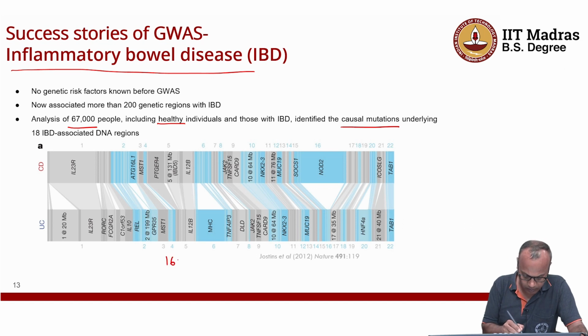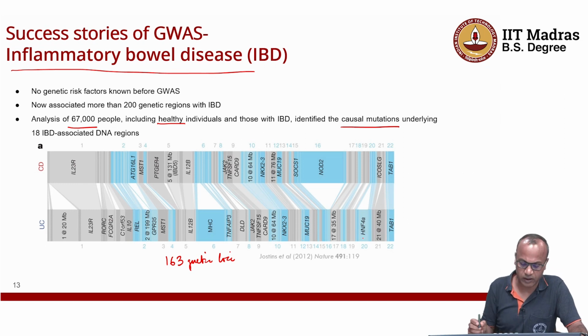Altogether 163 genetic loci were identified. These are the two forms of inflammatory bowel disease. This is called Crohn's disease, and this is ulcerative colitis.